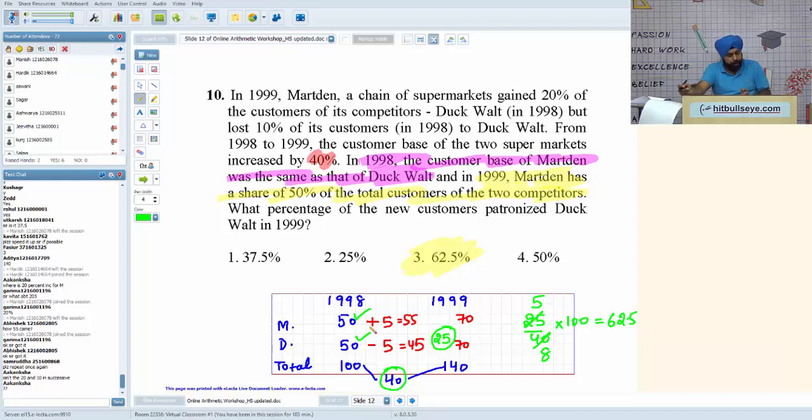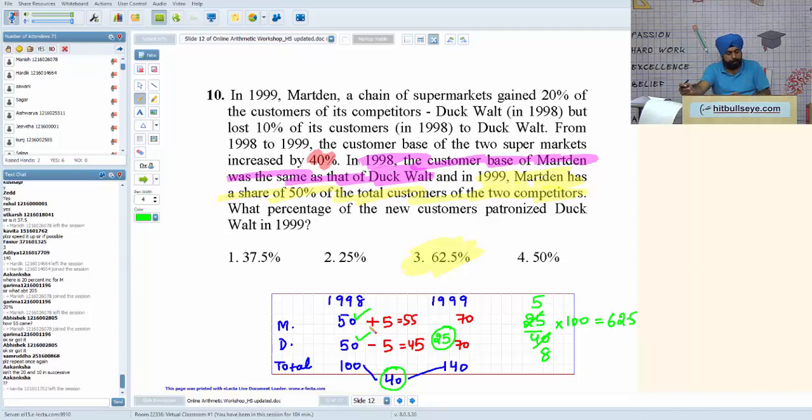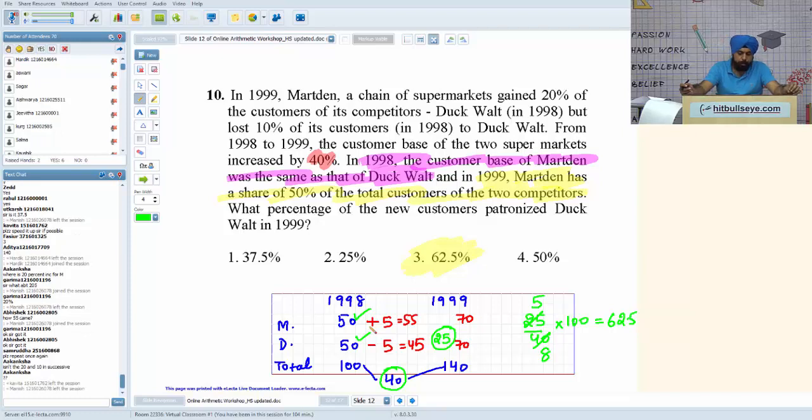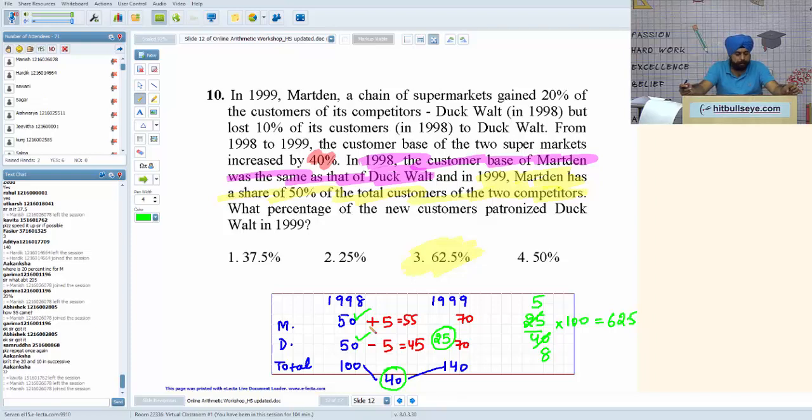So in a nutshell it would mean it has acquired 10% of the competitor's customers as the net result. So old customers become 50 plus 5, 55, and these customers become 45. Now in the year 99, out of 140 they again have equal shares, that is 70 and 70 only. So that means D has got 25 new customers out of the new 40 customers in total. So the percentage is 62.5.